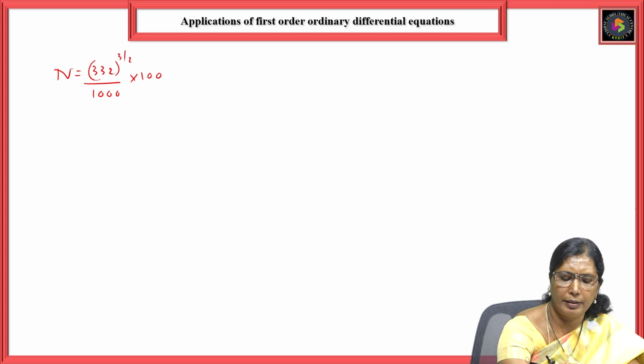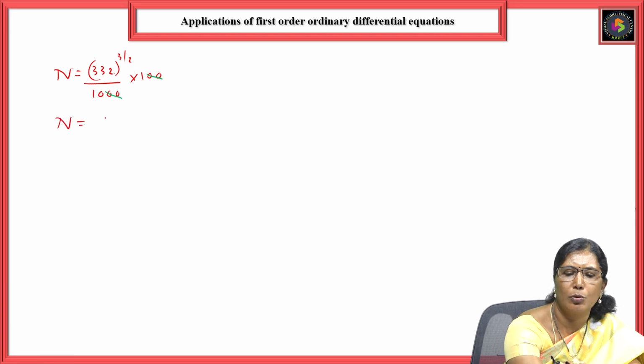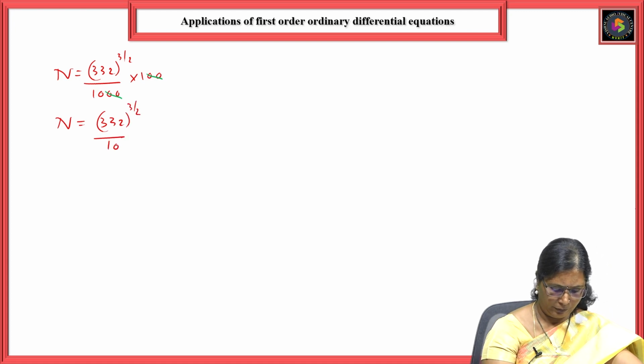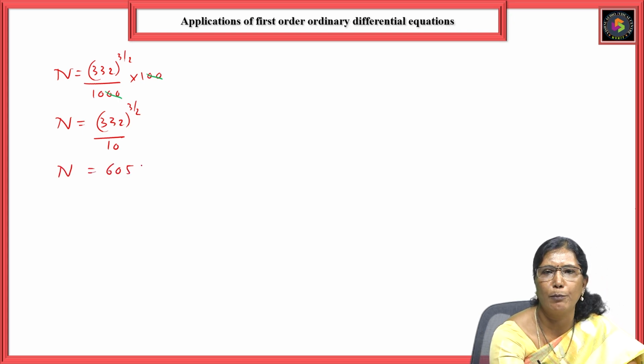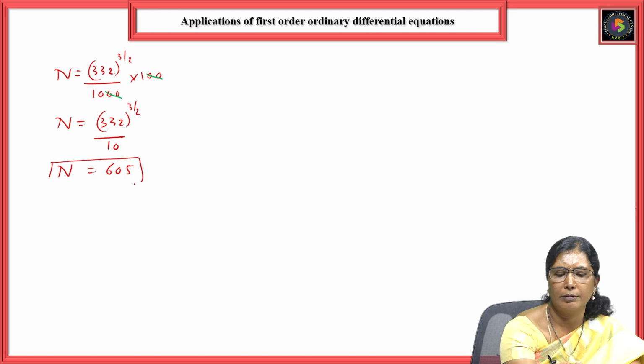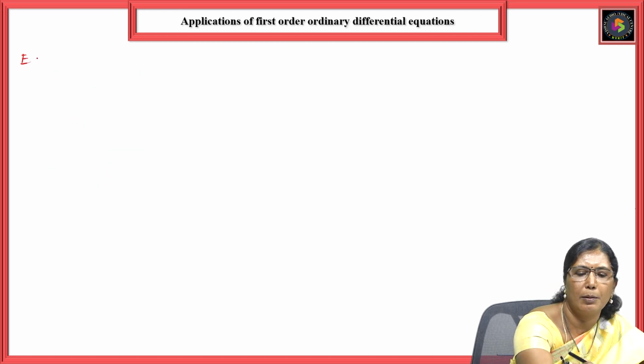The zeros get cancelled, so n is equal to 332 whole to the power of 3 by 2 divided by 10. So the answer is nothing but 605. This is the number of bacteria after 1.5 hours. So this is the answer. Next, example 2.